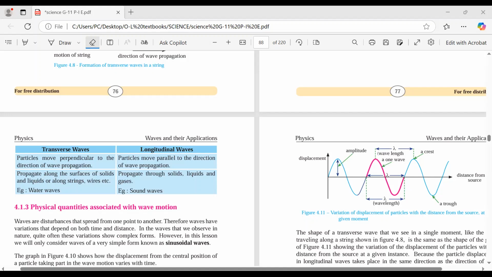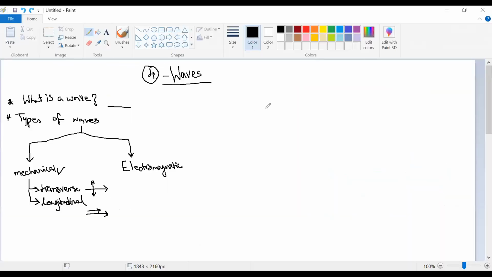Miss, I don't understand when you consider the slinky moving scenario and throwing a rock into water, how is it the same? Yeah, Puta. The slinky, okay, give me a minute. Now when we talk about transverse, transverse is ripples forming, no? Water.